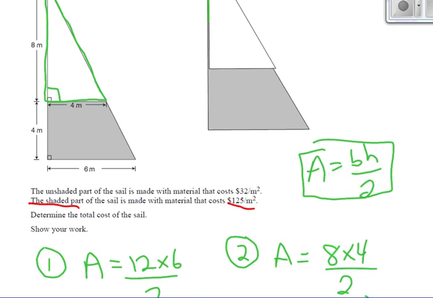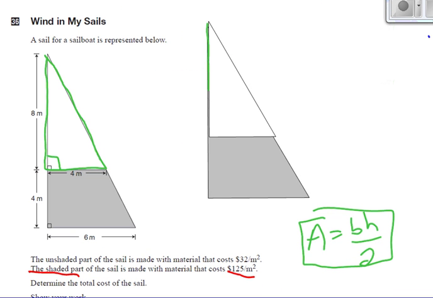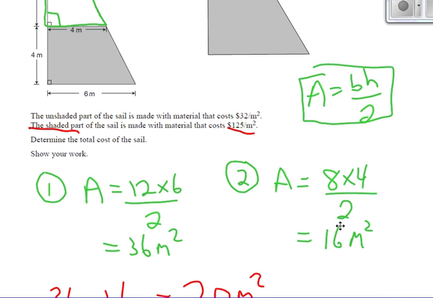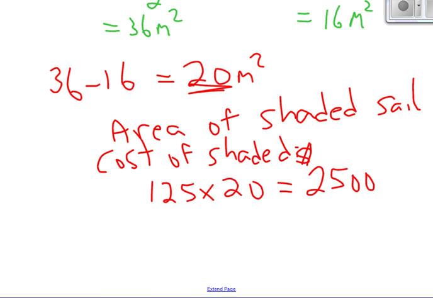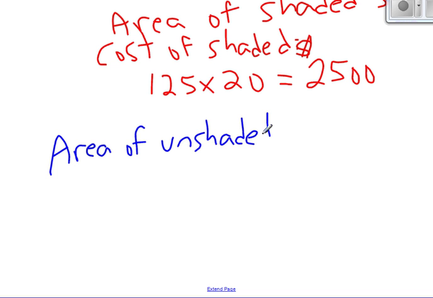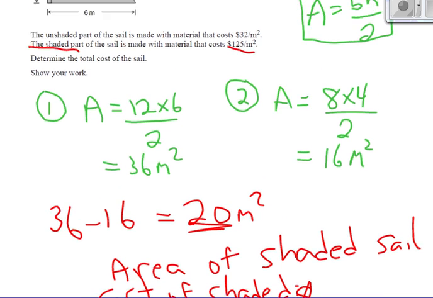So now let's look at the unshaded part. Well, the unshaded part was this triangle that I've used to subtract. So I've already found its area. The unshaded part is the little triangle. So the unshaded part, oh, let's use blue. So the area of the unshaded part, which up above we'd called number 2, by the way, is 16 meters squared.